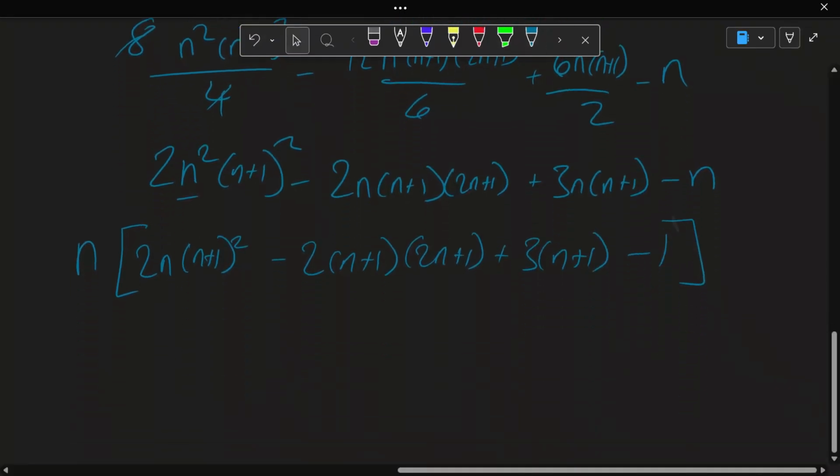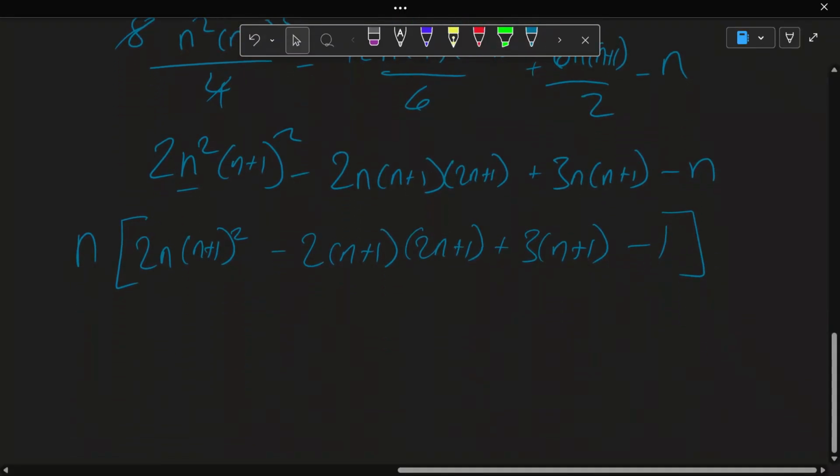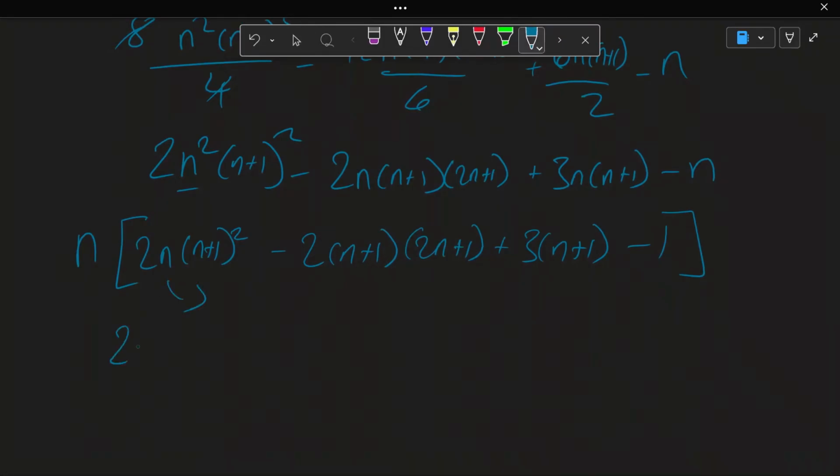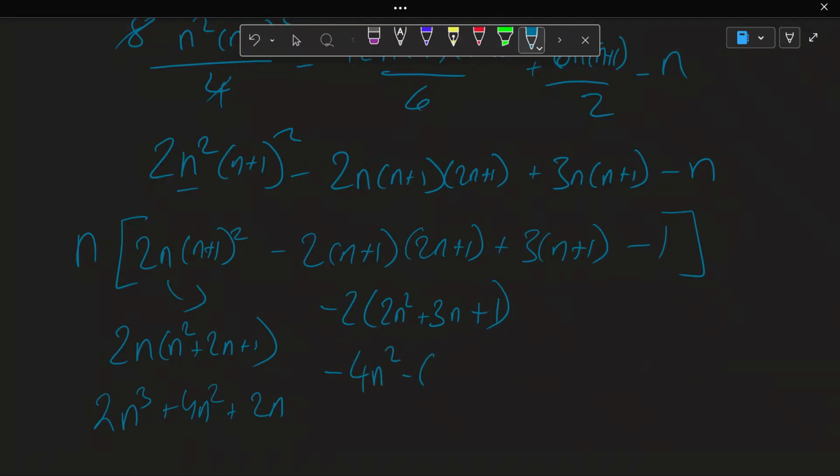Now here it's a lot of difficult expanding, which you'll clear up later on, but here it gets a bit messy. So start here, 2n n squared is 2n cubed, 2n plus 1, 2n cubed is 4n squared plus 2n. It's minus 2n squared plus 3n plus 1 becomes minus 4n squared minus 6n minus 2, 3n plus 3 minus 1.